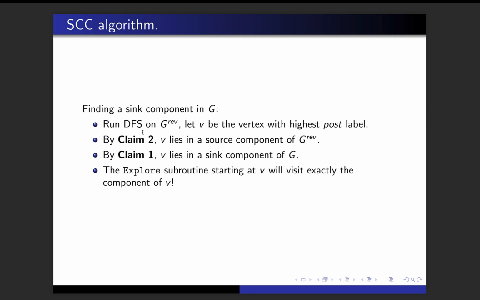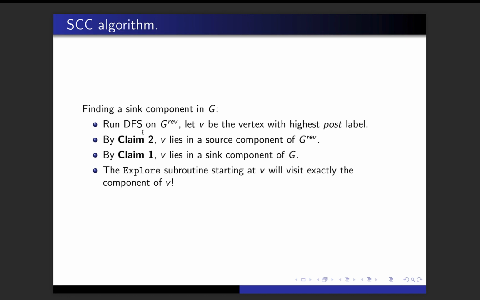Now imagine that you are at this point. You have identified the sink component. What happens if I drop this component from this metagraph, or if you want from the graph G itself? That means that my next component will take the role of a sink component. Imagine that you have an ordering of the components, because this metagraph is an acyclic graph.